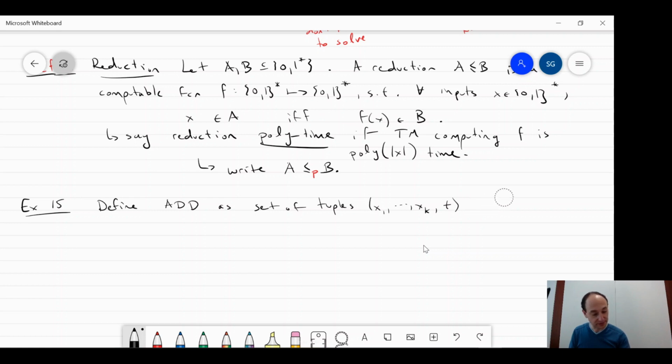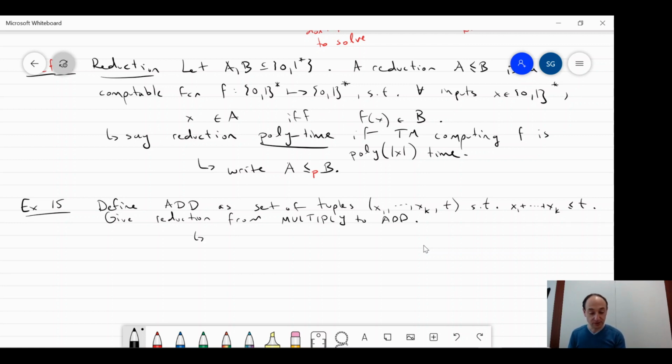Let me not fix the size because k is allowed to be part of the input. And so these are all the inputs x1 to xk, such that if you add all these numbers, it's at most t, the threshold. So we've turned it into a decision problem, and this exercise says give a reduction from multiply, which we've already defined previously, to add.